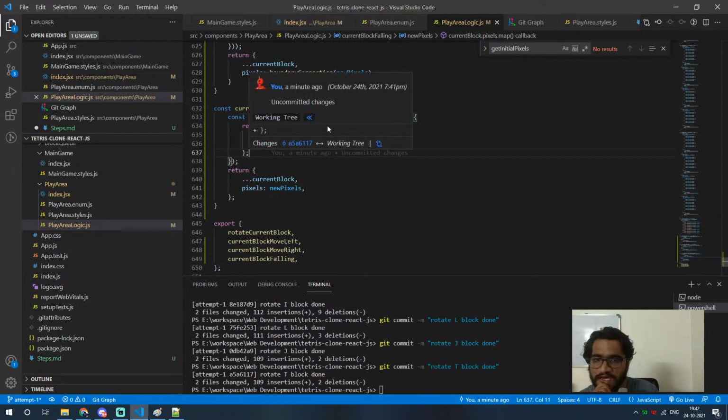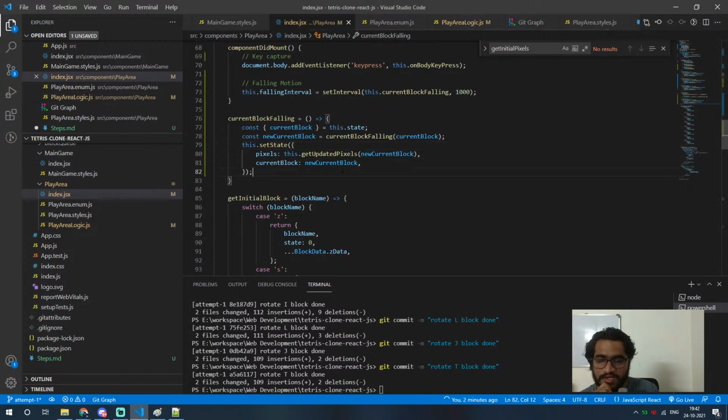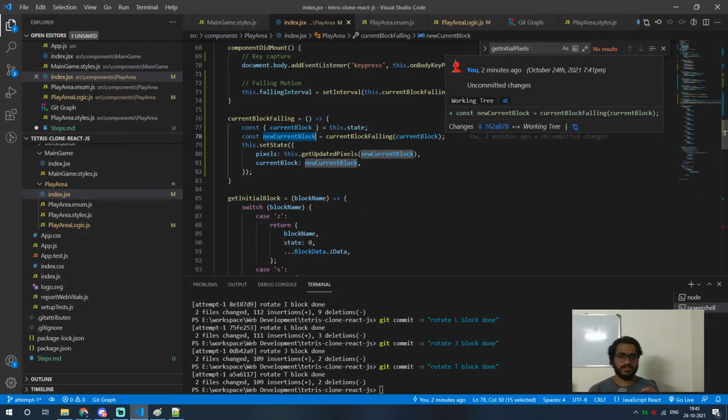So for that we can work it in the component that whenever the current block has any one pixel that reaches the boundary, the current block would not update.